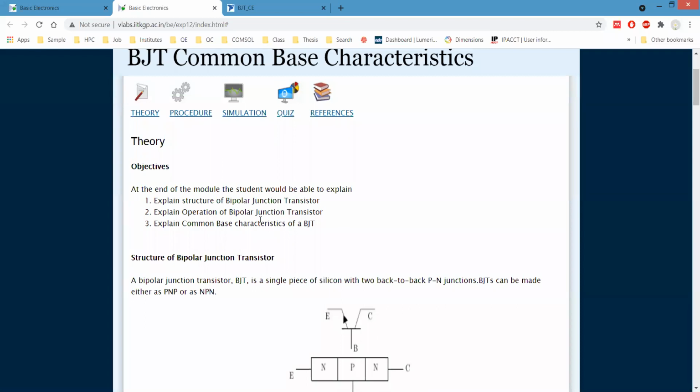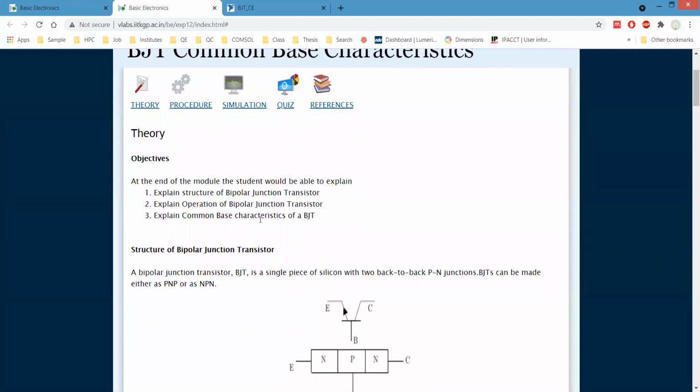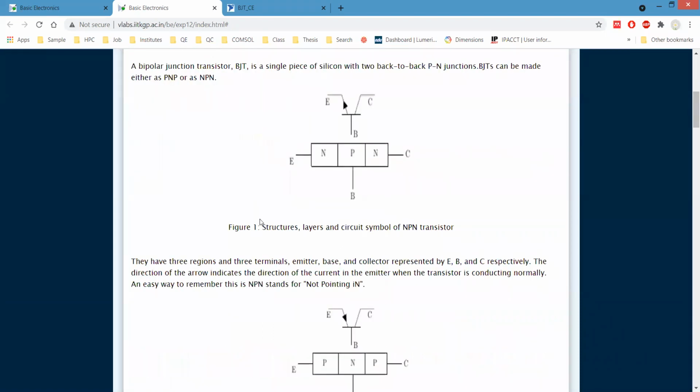In this case, it will be similar to the common emitter mode, as I already discussed with you. In all three modes, common emitter, common base, and common collector, as it is a three-port or three-electrode device, if we want to fit it to a two-port model, we need a common port for both input and output.